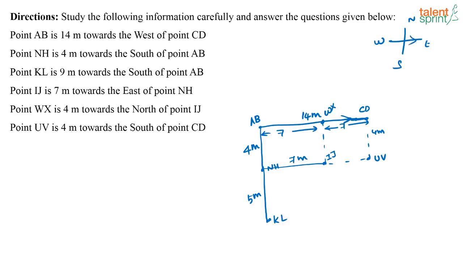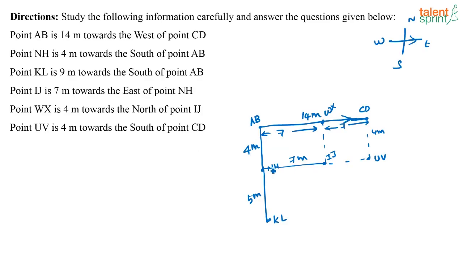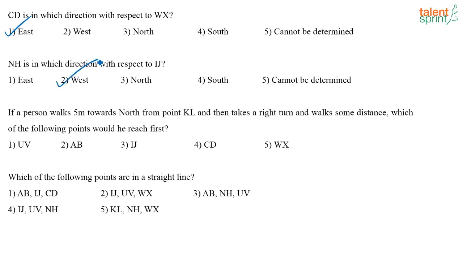So the first answer is east. NH is in which direction with respect to IJ? NH is towards the west of IJ. So the second question's answer is west.